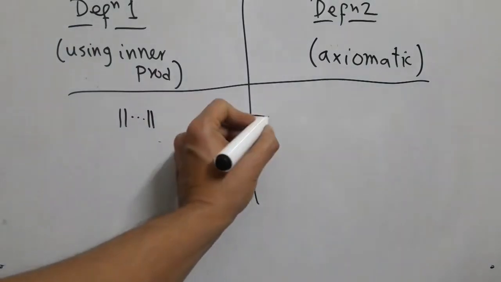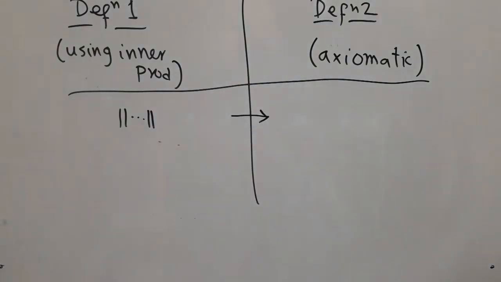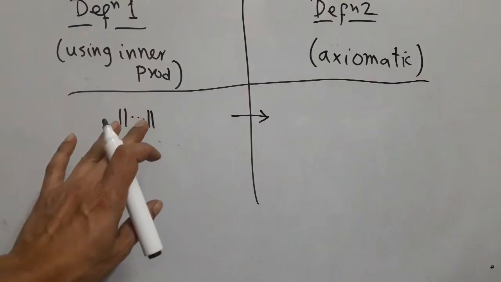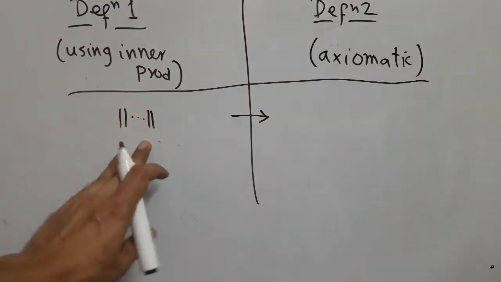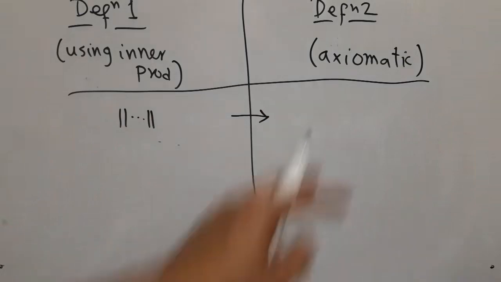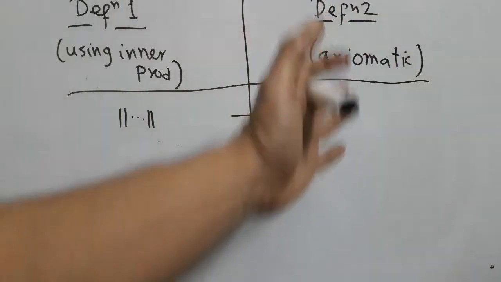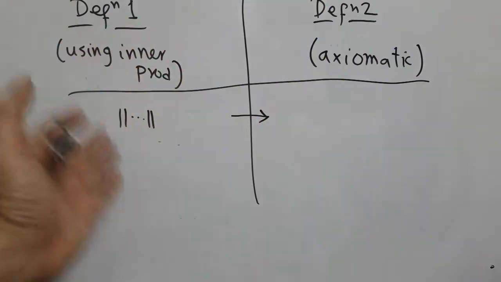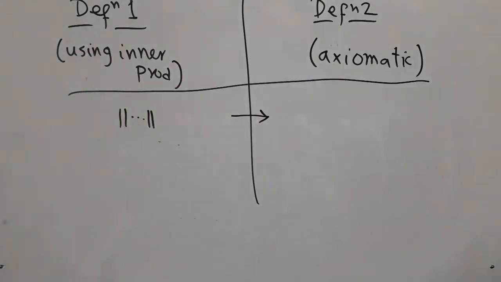So I must have this arrow. So if something is a norm according to definition 1, it must also be a norm according to definition 2, because the axioms are obtained as a list of properties satisfied by this, by the very construction.